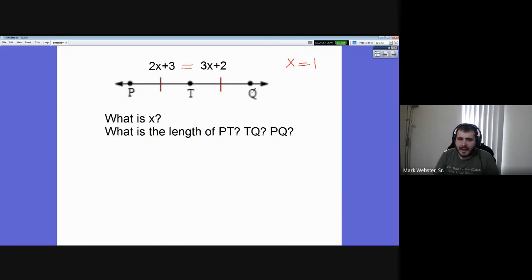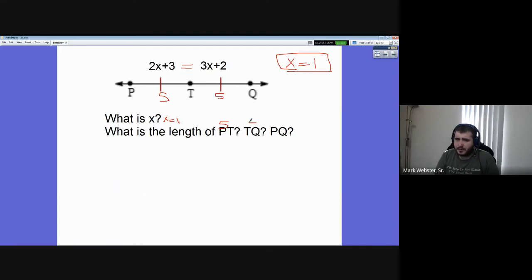So it says, what is x? Well, if I know x is 1, I can find the length of PT. 2 times 1 plus 3, it better be 5, right? I can find the length of TQ too, right? TQ is 3x plus 2. 3 times 1 plus 2 is also 5.